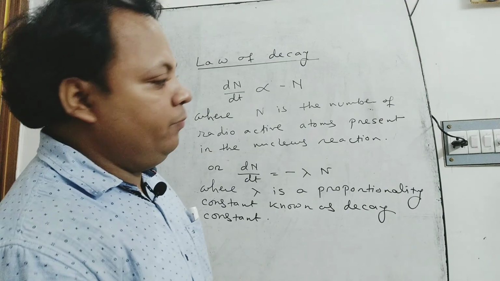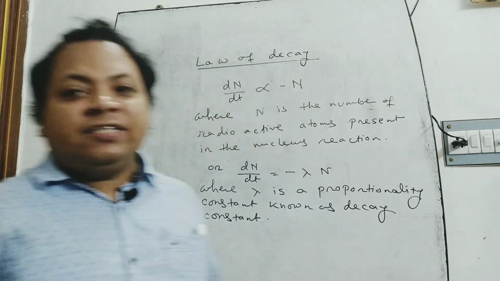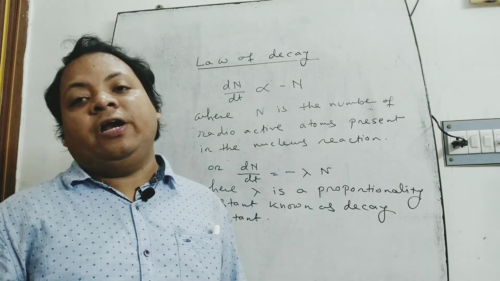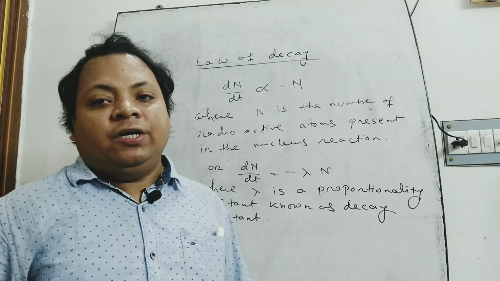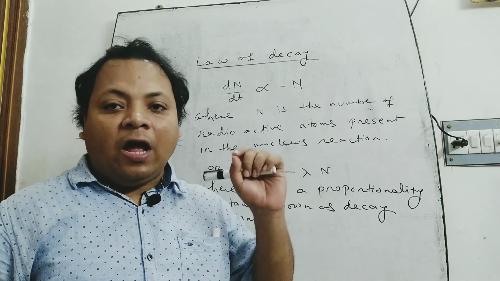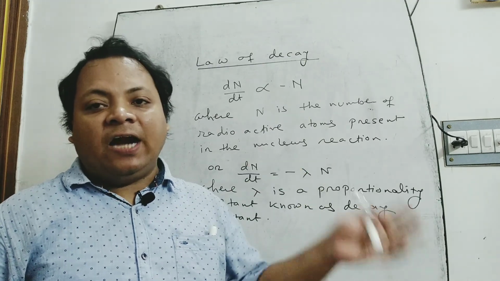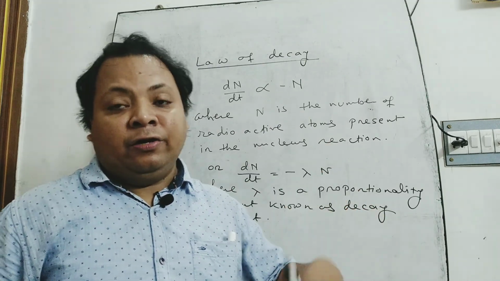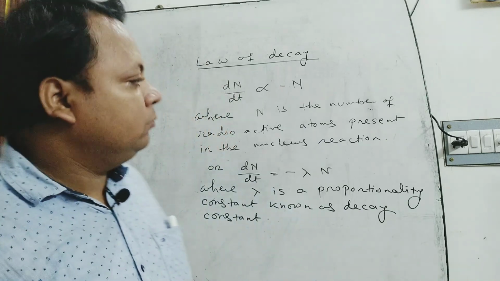Now, law of decay: the rate of decay of a radioactive element is directly proportional to the number of radioactive atoms present at that moment in the radioactive reaction.